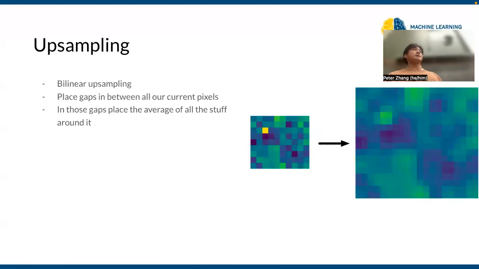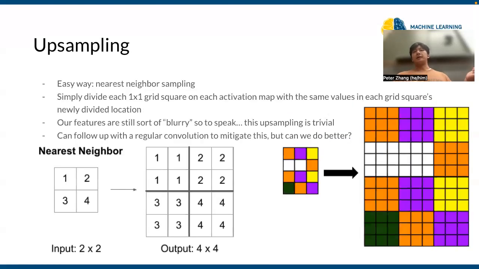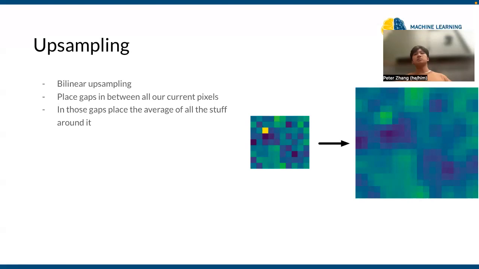And bilinear upsampling is doing exactly this, where you do duplicate the original cells, original pixels, but then you take a mean or average of everything around each newly created cell and pixel to pick your new color. And so you can visually see that this new version of the upsampled image is sort of what you might get if you took this previous version and then did an average pooling layer around it. And that's essentially the idea.